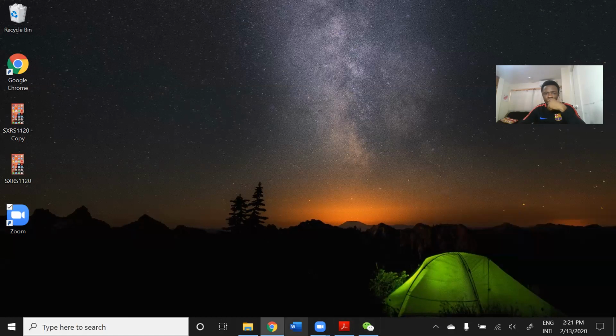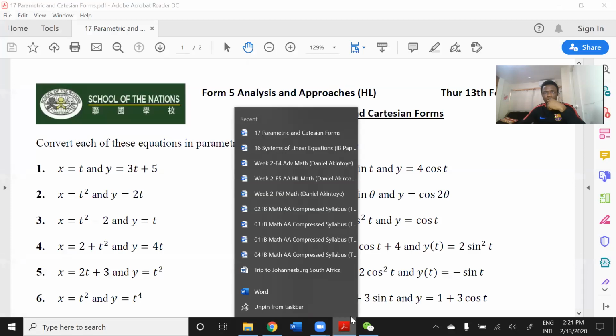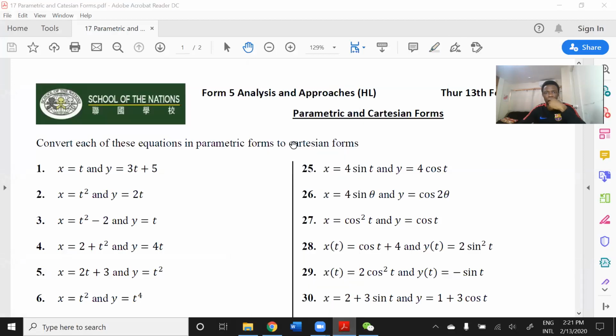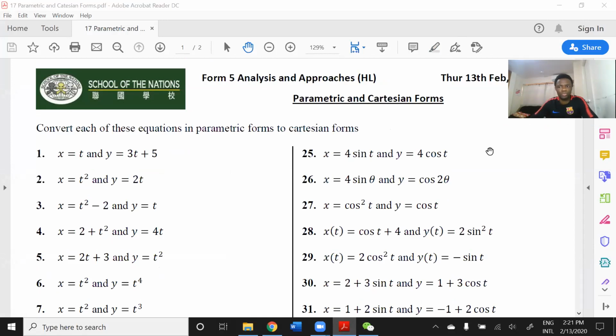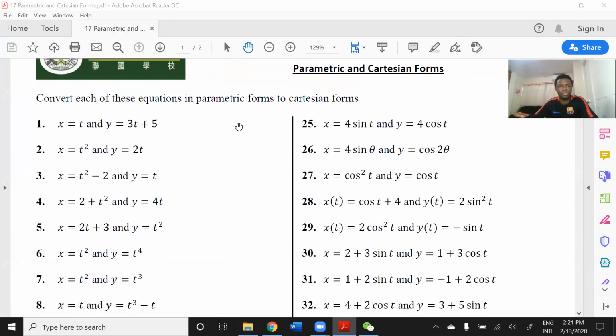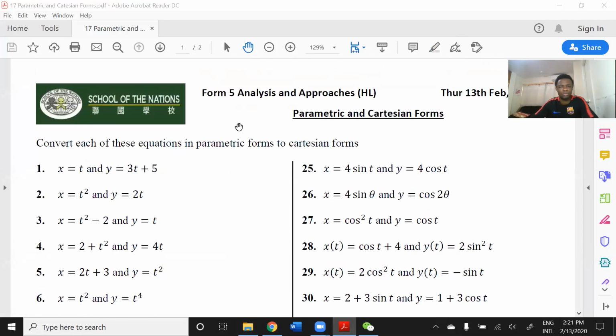Good. All right. So for now, let's focus on this. So we might come across problems that require conversion between the two, parametric and Cartesian. Then the idea we're about to discuss today will be useful.